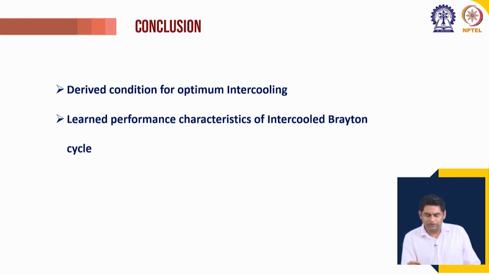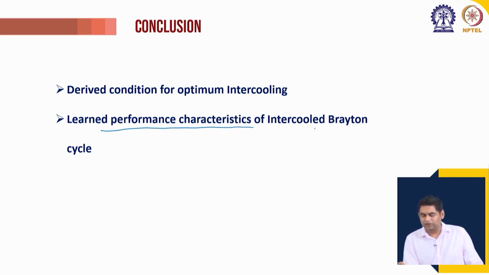So, today we have derived a condition for optimum intercooling. We have found what is the efficiency of an intercooled cycle at that optimum condition. Then we have seen what is the variation of efficiency and non-dimensional net specific work output, which together comprise the performance characteristics.